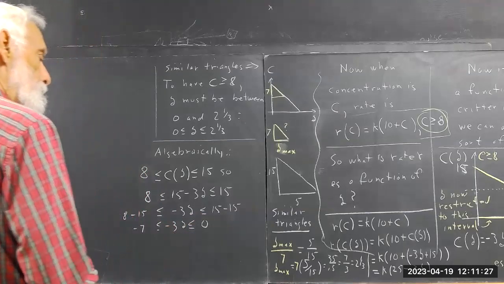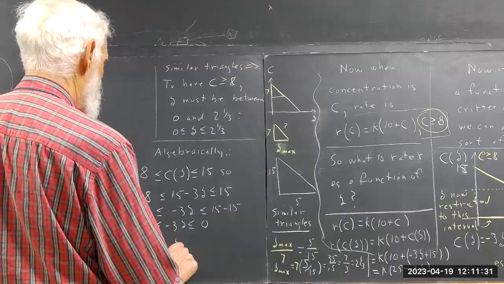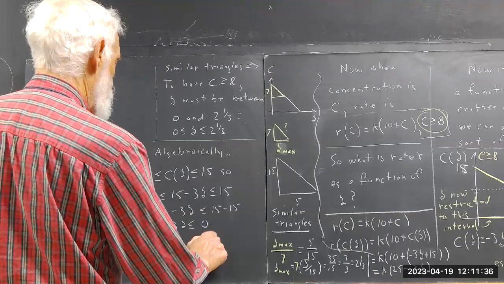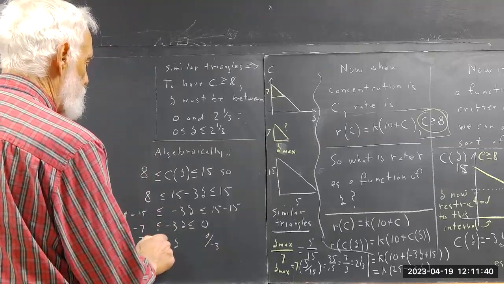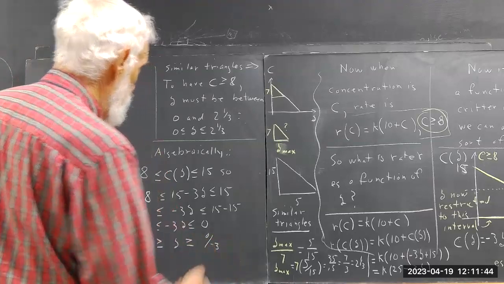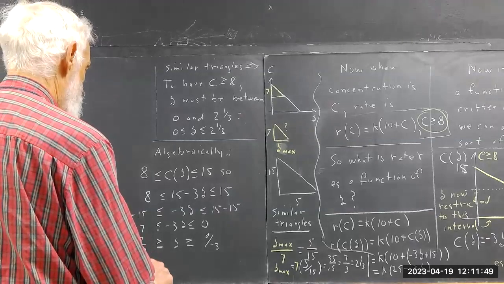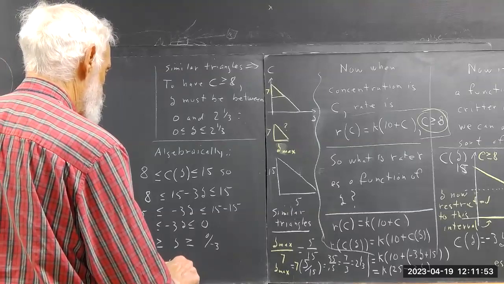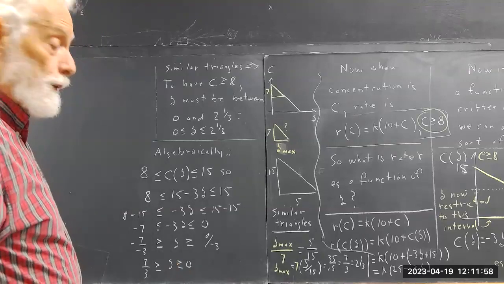Then we divide by -3. And that's going to leave us delta. It's going to give us -7 over -3. It's going to give us 0 over -3. The inequality, though, has to reverse because we multiplied or divided in this case by the negative. And we get 7/3 greater than or equal to delta, greater than or equal to 0.